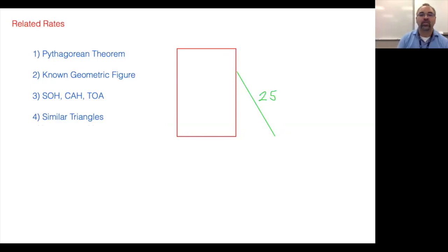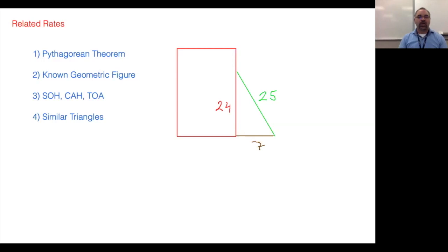And then we can say the ladder is out from the wall, how far? Usually 7 feet, because then there's the classic 7, 24, 25 Pythagorean triple, right?